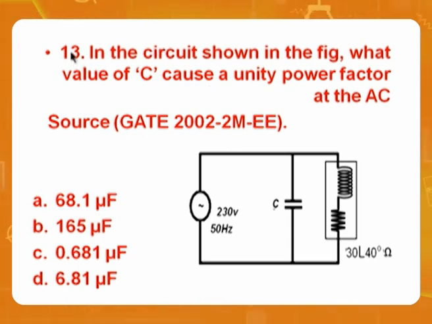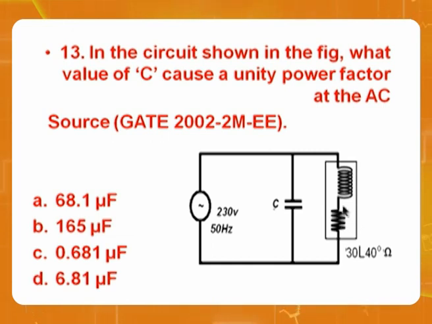Now, problem number 13. The circuit shown in the figure, what value of C causes a unity power factor at the AC source? So look at this. He is asking for what value of C. This is more practical in the industry. You know why?